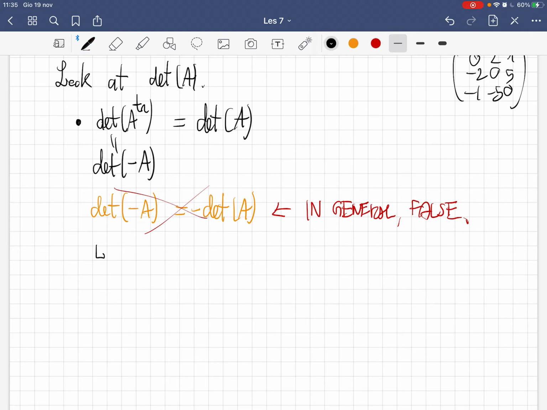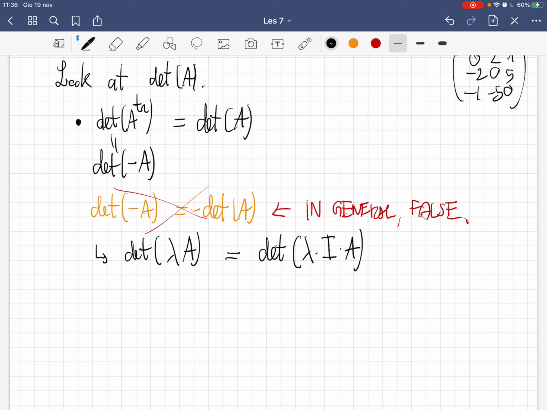What happens in general if you want to compute the determinant of lambda A for some lambda? Well, let's be careful here. What you can do is write this product as follows. So this is the determinant of lambda times the identity times A. I mean, this is perfectly good, right?